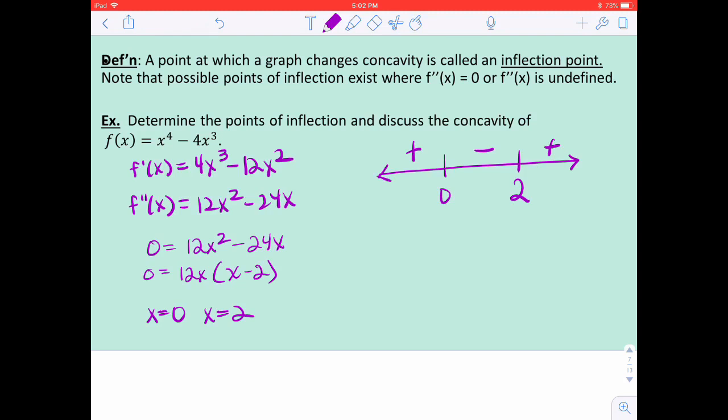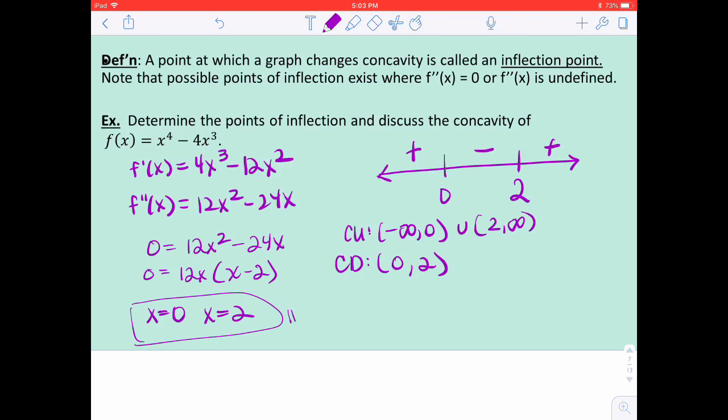Okay, and then now you can find your concavity. So concave up from -infinity to 0 and 2 to positive infinity, and concave down from 0 to 2. Alrighty, so these are our inflection points here. Inflection points tell us where the graph is changing concavity.